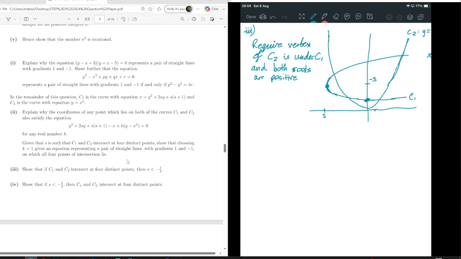And then that will ensure that I do intersect at 4 distinct points. Okay, so let's work out some of these things.